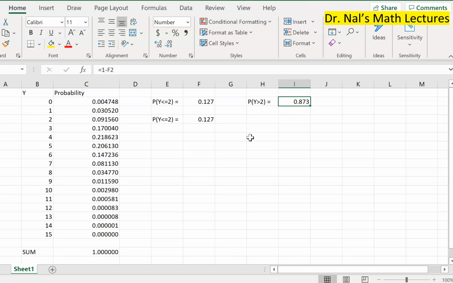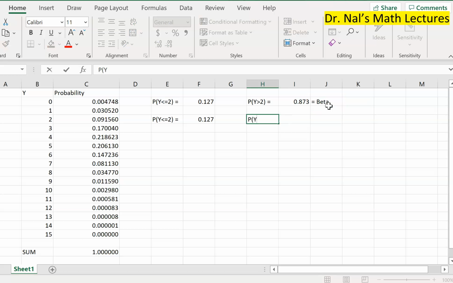Hey, that's our beta, right? That's exactly what we found for beta a few minutes ago. The probability of y being greater than 2 is equal to 1 minus that number, which is the same thing again.